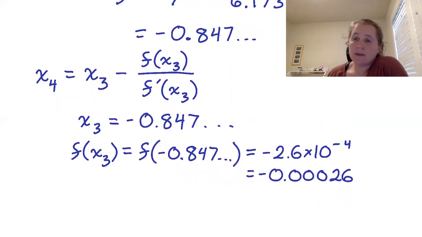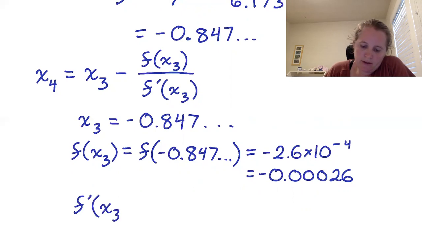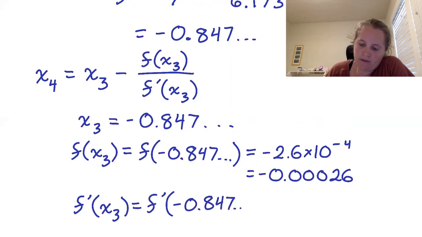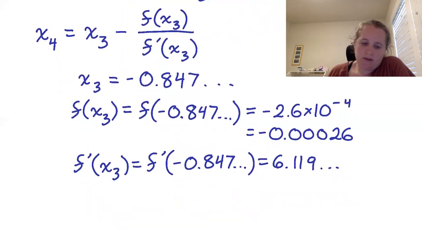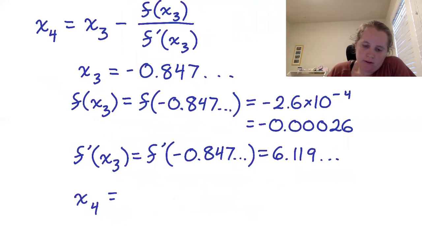So we're getting close to a root now, right? We're very close to a y value of 0. And then if I find the derivative evaluated at x3, at negative 0.847, which is 6.119.